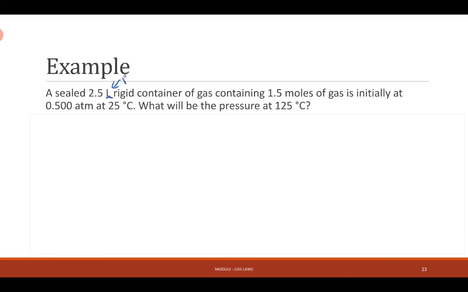Liters is volume, but it also says our container is rigid, and so that means volume is constant. Moles of gas is n, but it doesn't mention anything about the moles of gas changing. It does say that it's sealed, so no gas can escape, so n is constant.